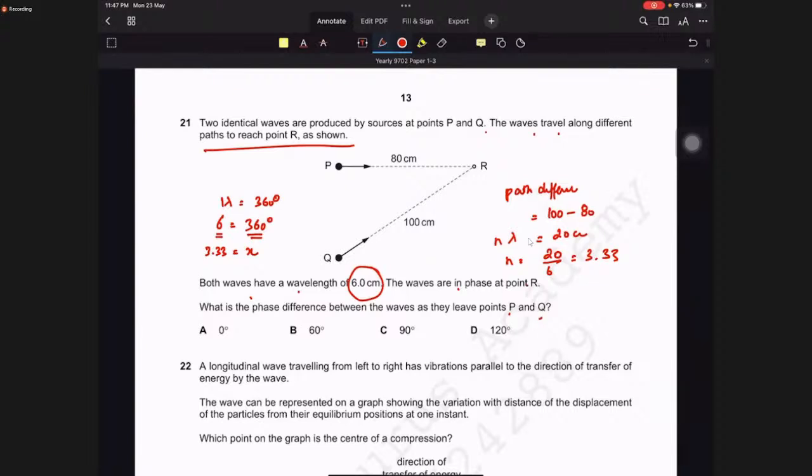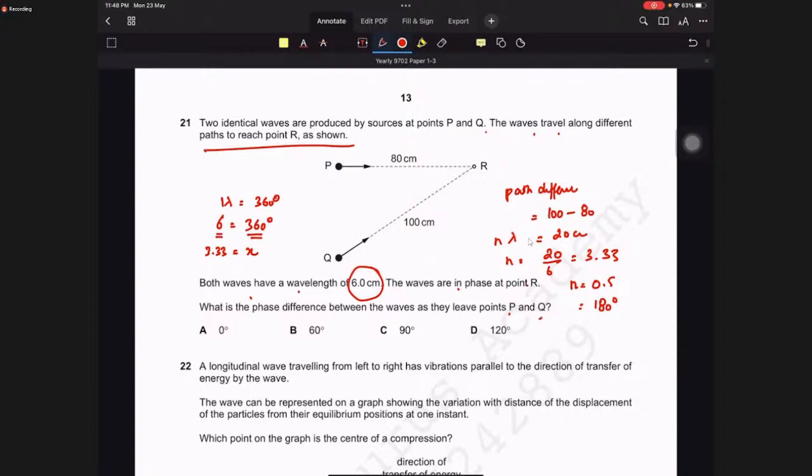Two sources point the wave different paths. But it doesn't say whether it's like... let's try it like this. If n is 0.5, and 0.5 is like a 180 degree path difference, right?